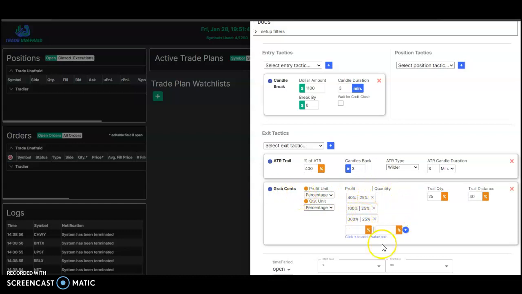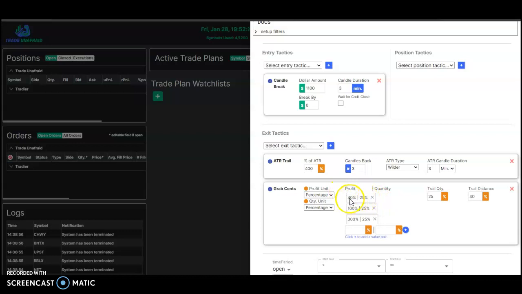What it says is that, well, I have been backtesting, and I know that on good days options can go 300%. On average, they go 100%. 40% is my first partial.